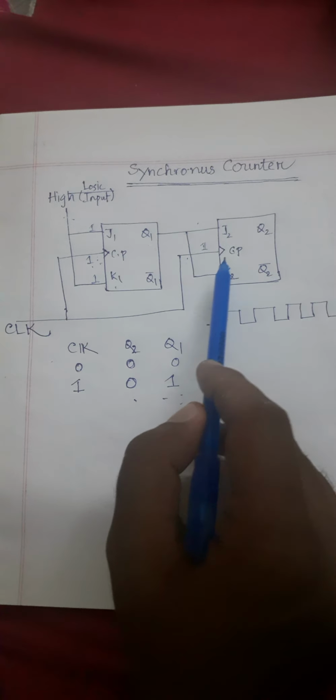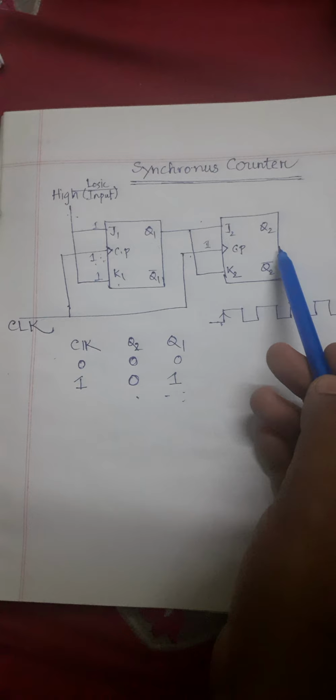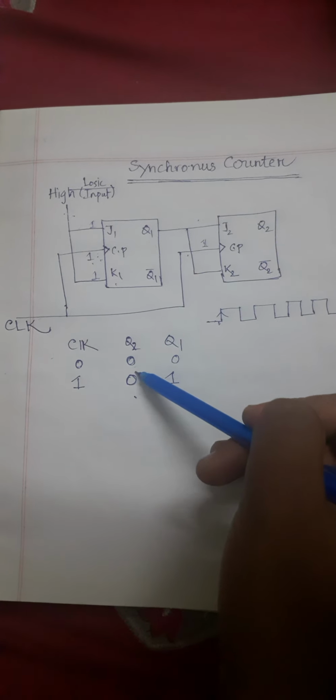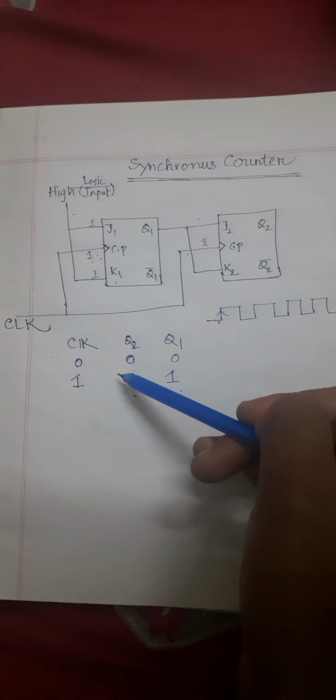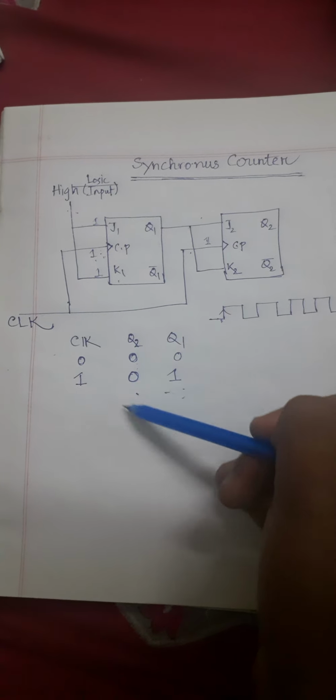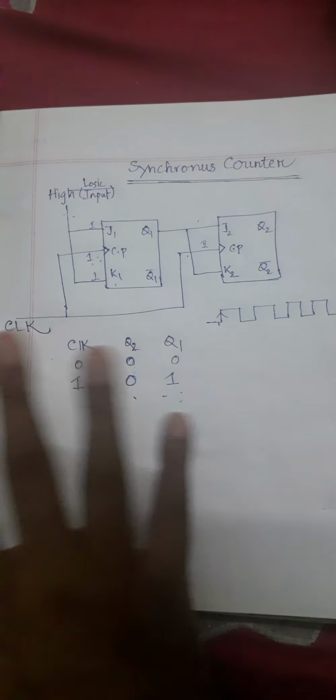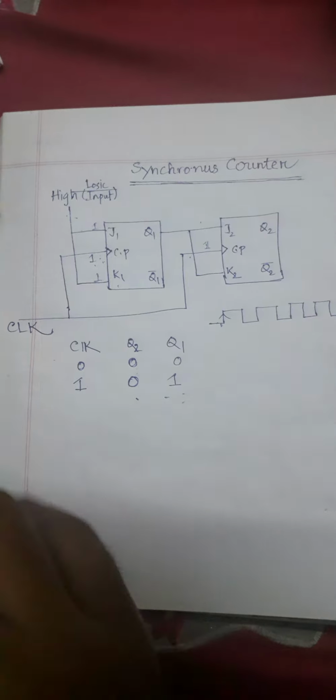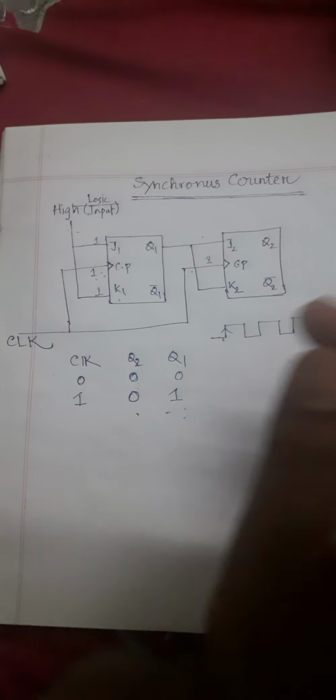So all ones should give us a value of Q2 as the toggled value. We had previously 0, so aren't we supposed to get 1 at the output? The answer to your question is no. We are not going to get that, because when we are providing the first clock pulse, we have to think in terms of the ready inputs.